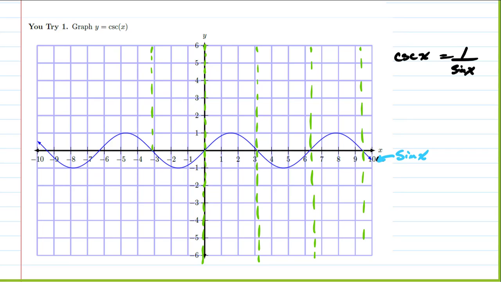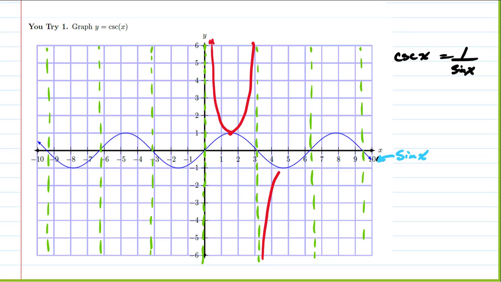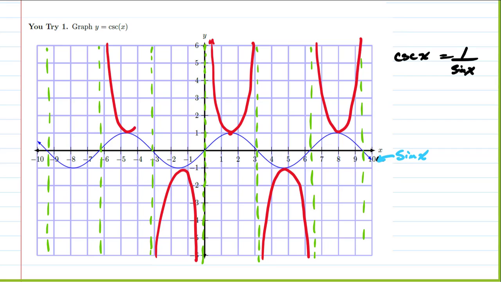Negative pi, and then doing the same thing, our graphs are really going to look something like this. So that's going to be the graph of our cosecant function.